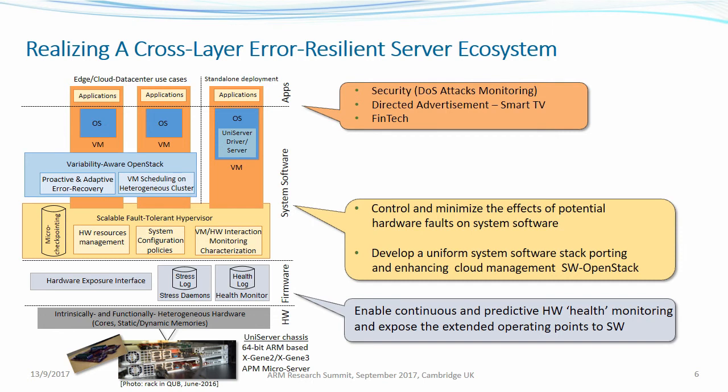This characterization reveals the guard bands and the margins. And then there is the system software, and the system software tries to configure the system at the just right configuration, as I said, given the results of the characterization and given the characteristics of the workloads. It also tries to control and minimize the effects of potential faults.